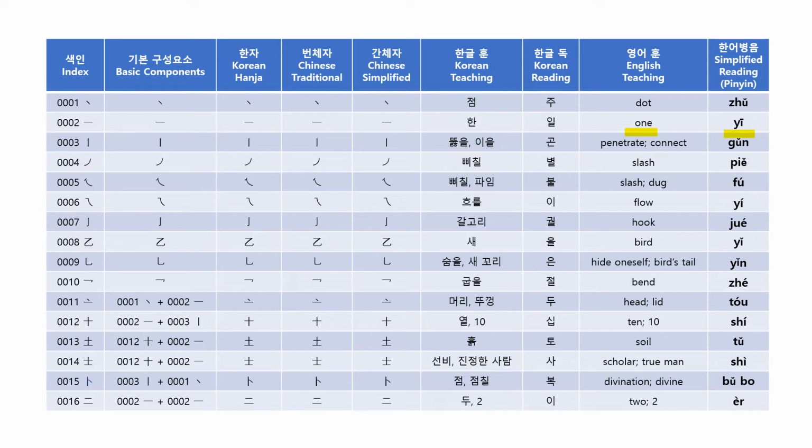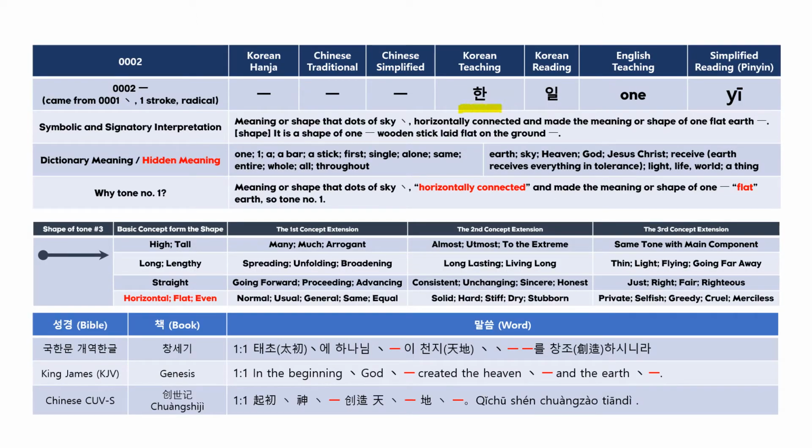1E. We are looking through these characters one by one. In the Korean language, Han-il. In English, 1E, the tone number is 1. This is a one stroke radical.